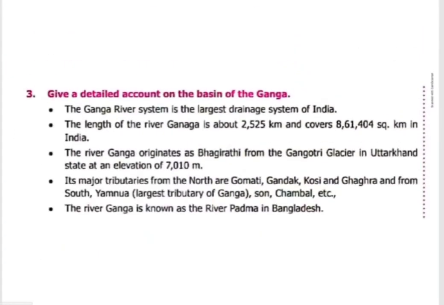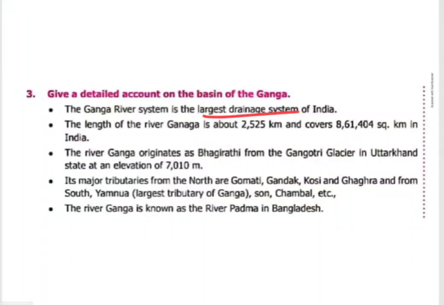The last question, the Ganga basin. It's very interesting and the easiest answer also, children. The Ganga river system is the largest drainage system of India. It is 2,525 kilometers long and covers 8,61,404 square kilometers in India.